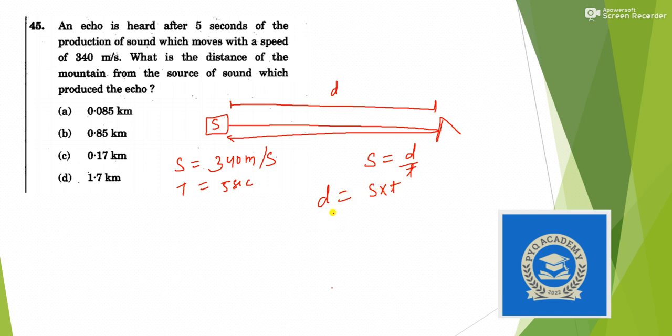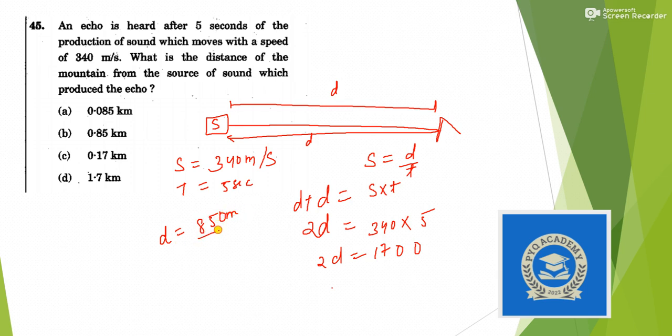For this question the distance is d and again d, so d plus d is 2d. So 2d equals speed 340 into time 5 seconds, so 2d equals 1700, so d equals 850 meter.